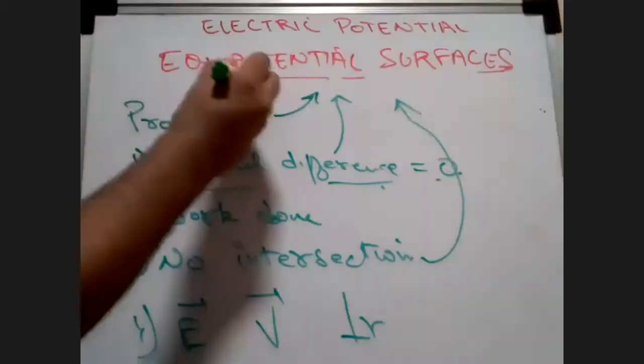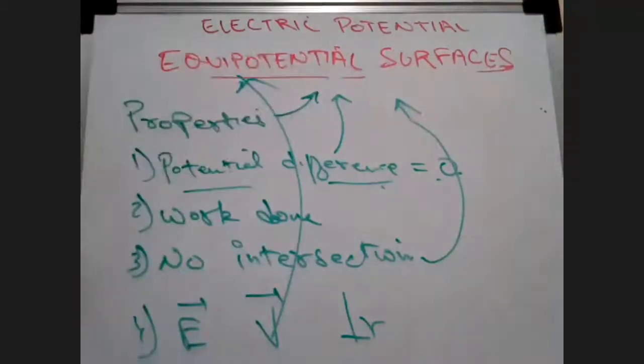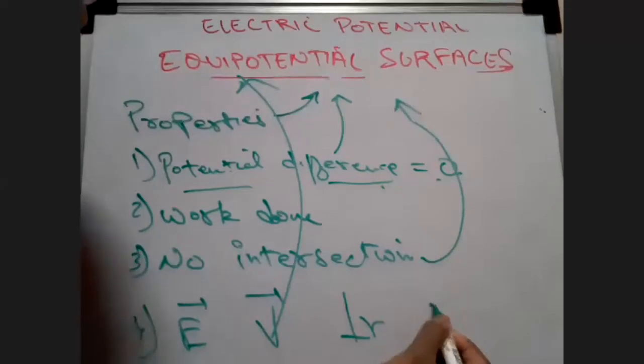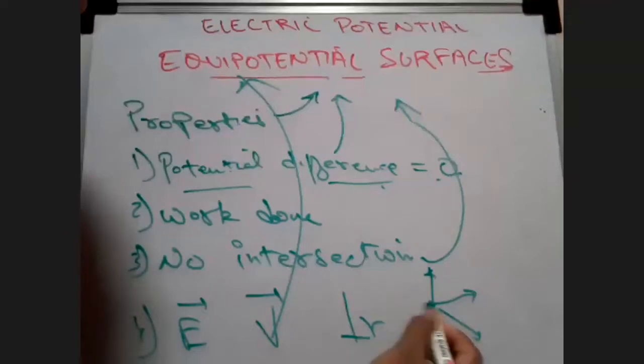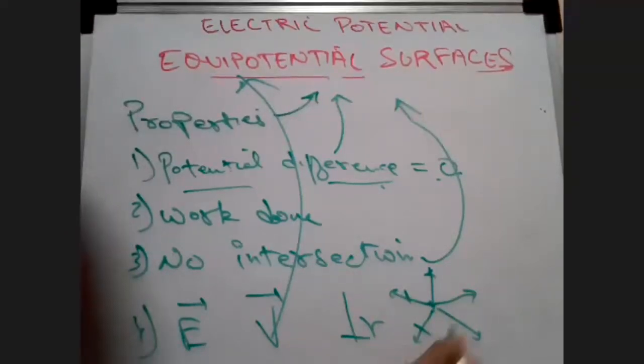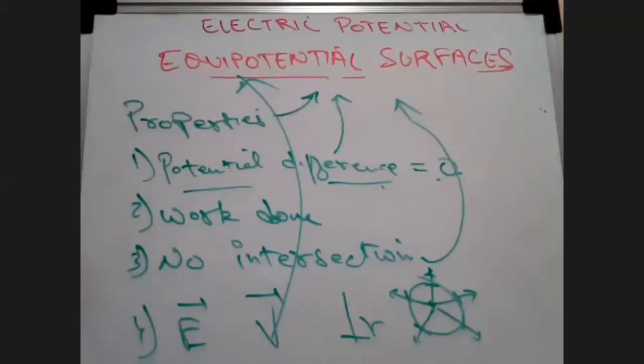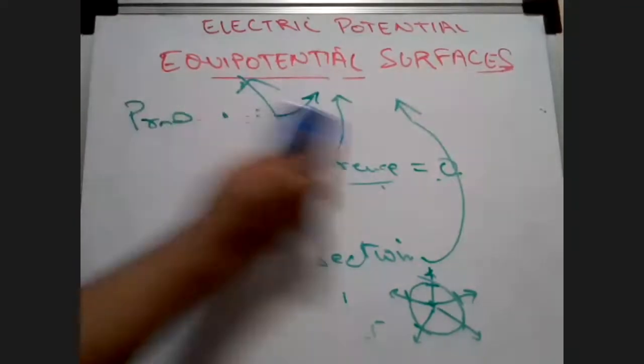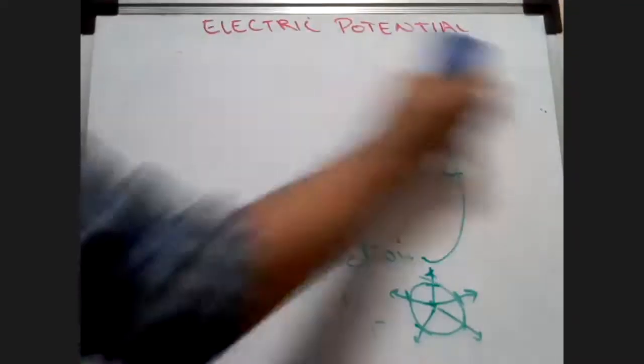I had taken a test charge, and I told you field lines come out perpendicular, so the equipotential surfaces also will be perpendicular to the field lines, creating a sphere around a charge. That is the equipotential surface right there. So these were some of the properties of equipotential surfaces, which is basically a recap of what we have done.